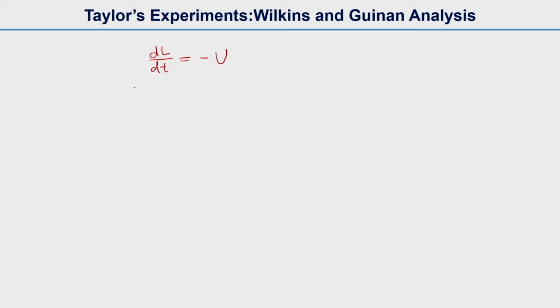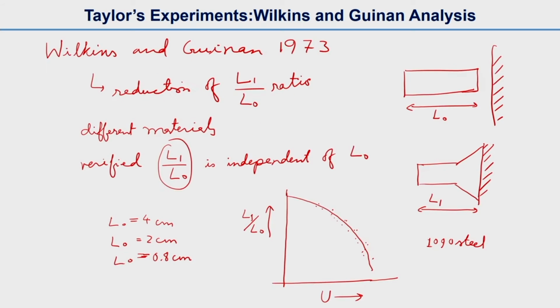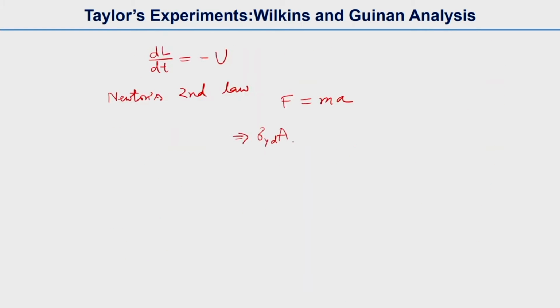Then they applied Newton's second law, force equals mass into acceleration. The force on the impacted bar is the stress sigma yd multiplied by the area, where the area is the cross sectional area of the bar and sigma yd is the dynamic yield stress.